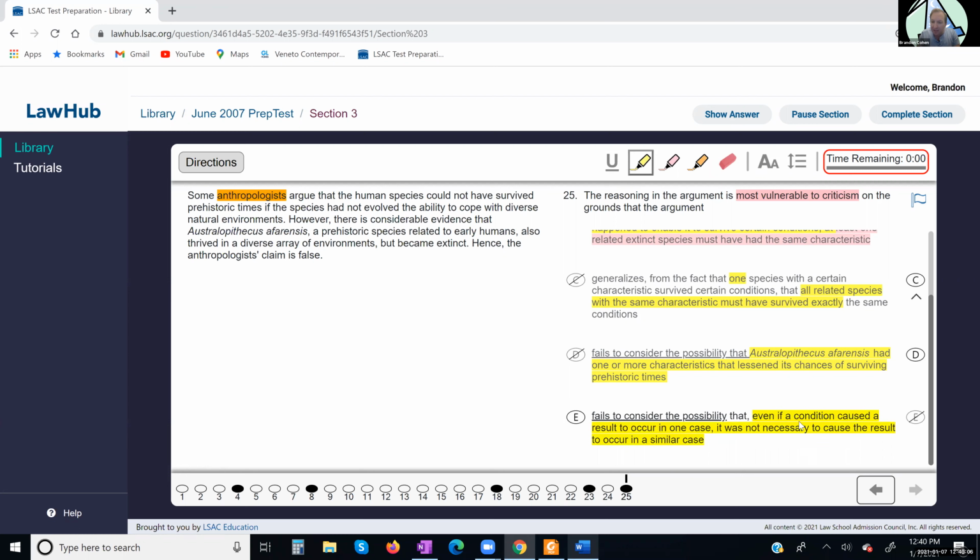E, fails to consider the possibility that, so this would be getting into the overlooked option again, a weaken. Even if a condition caused a result to occur, it was not necessary. This is actually going to be a very tough trap answer. Because what it's saying is, even if something did cause, it's not necessary. We were dealing with, even if something doesn't cause, then it could still be necessary. So this is actually the difference.